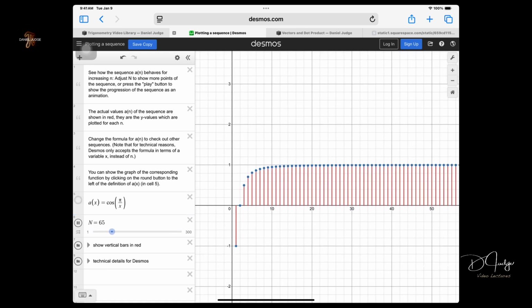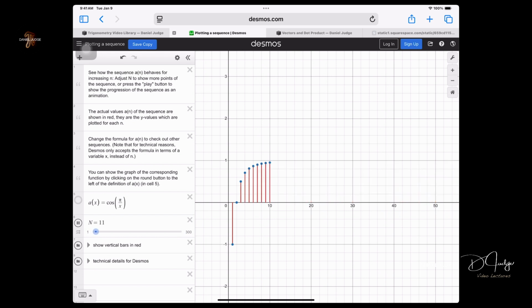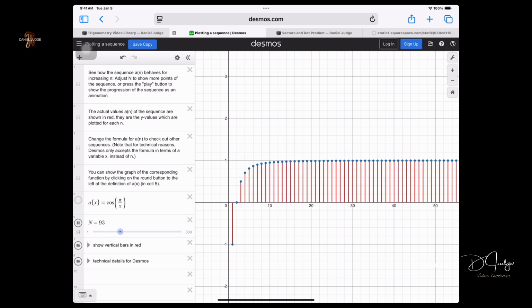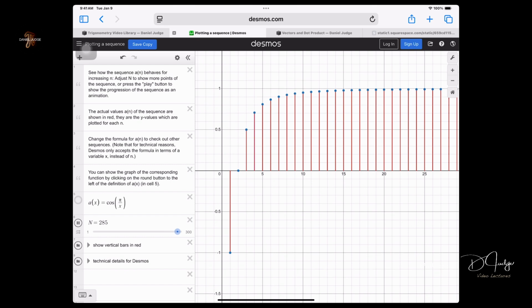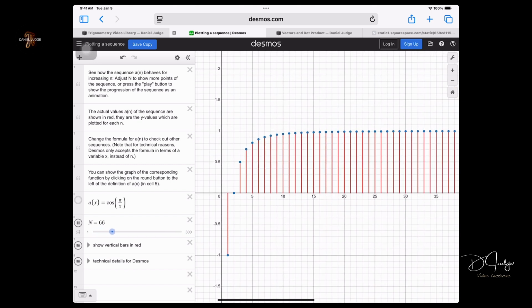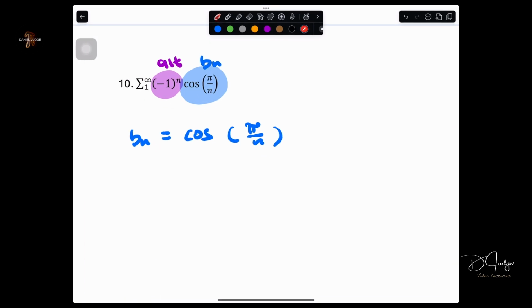Yeah, pi over n is decreasing, but cosine of pi over n, not necessarily the case. In fact, ladies and gentlemen, that first term is -1. Second term will be 0, because you've got cosine pi over 2, and then all the other terms are going to be increasing here.